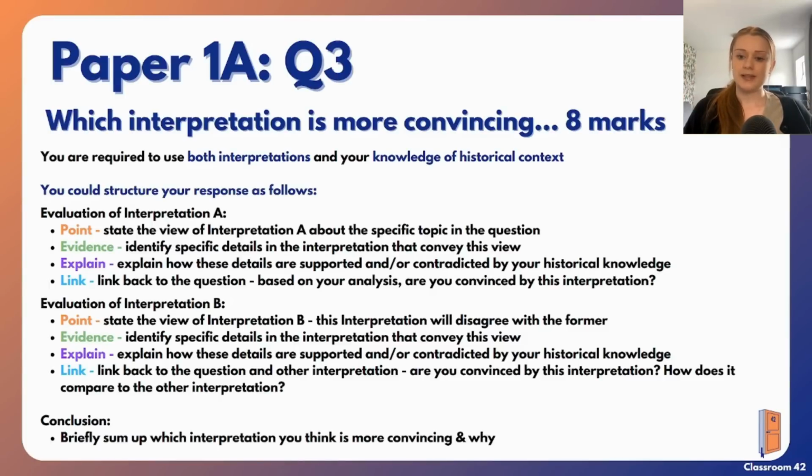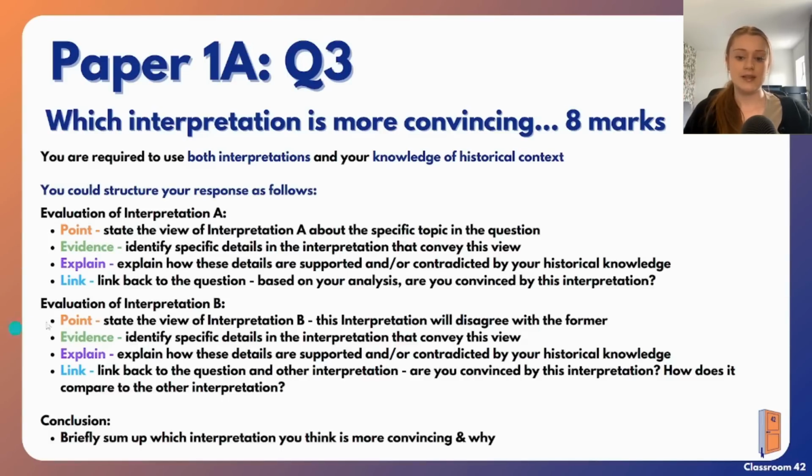So we can say, for example, this interpretation is convincing because it aligns with my historical knowledge, and then bring in your historical knowledge. Or you can say, perhaps this interpretation is not quite so convincing because I know this, and this, and that contradicts with the interpretation. And then finally, we need to link back to the question. So based on your analysis, are you convinced by this interpretation?